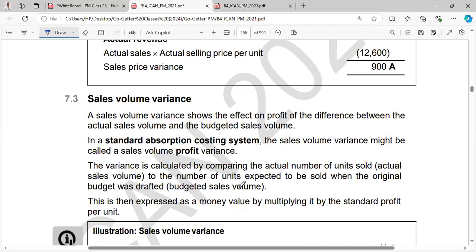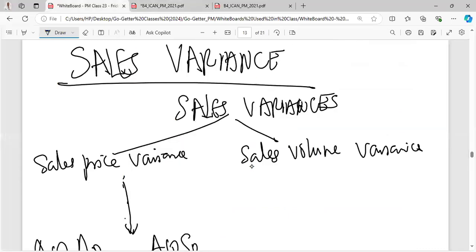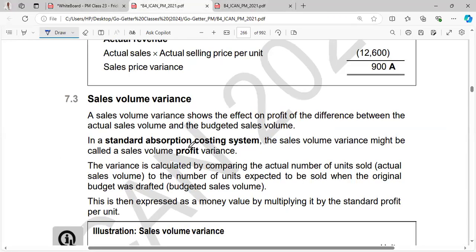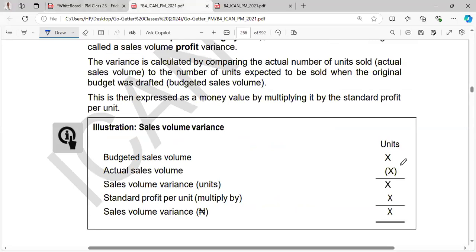So I just say profit variance. You'll be seeing things like contribution margin or profit margin here. This is the budgeted sales volume and actual sales volume, the difference in volume multiplied by standard profit per unit.